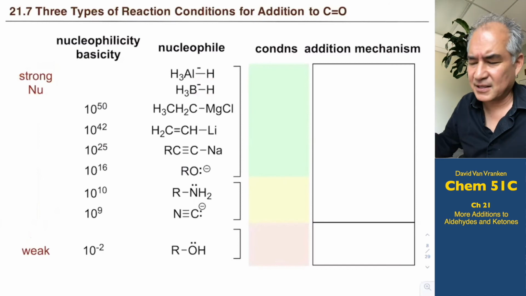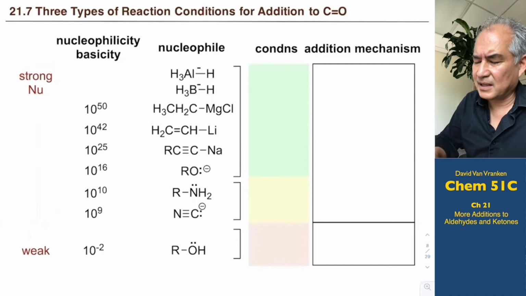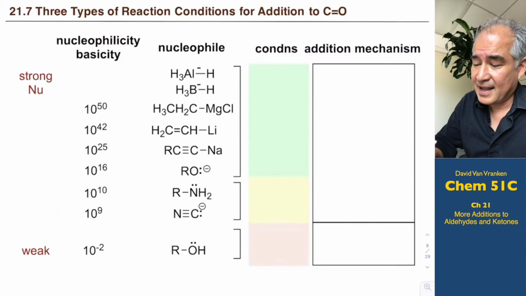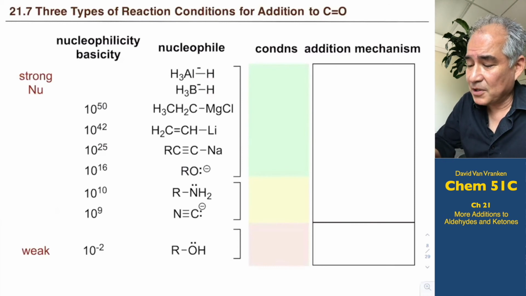They're very reactive, probably not as reactive as alkyllithiums, but we don't have numbers for those. The rest of these, I can give you quantitative numbers that approximate how nucleophilic and how basic they are. At the top of this list, alkyl magnesium halides and alkyllithiums are the most reactive. That bond right there is super nucleophilic.